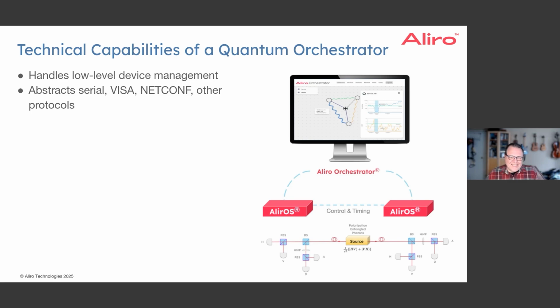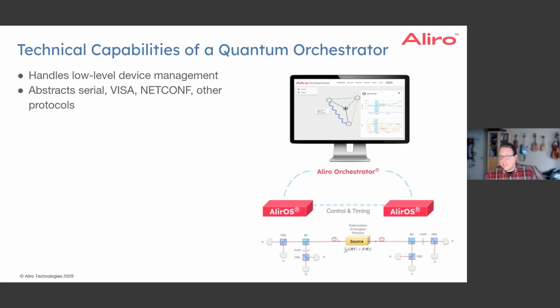One of the most important technical capabilities of the quantum network orchestrator is abstracting the actual configuration and management protocols. I mentioned earlier, without an orchestrator, you might be stuck running around with a laptop, plugging into different types of ports. Frankly, you're lucky if they all have a USB port or a network port. What we've seen in the wild is, oh, this one has a DB9 serial port, this one has an RS-232 serial port, but it's a proprietary plug that only this company sells.